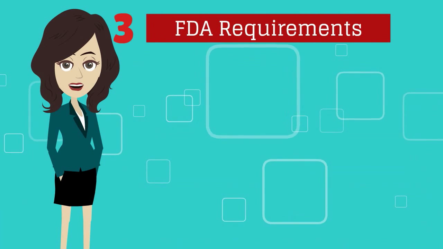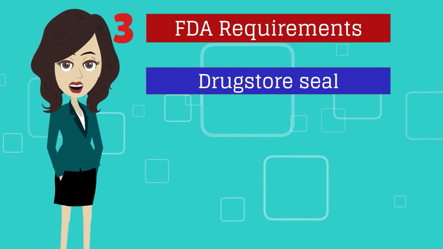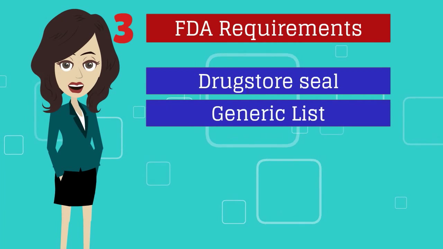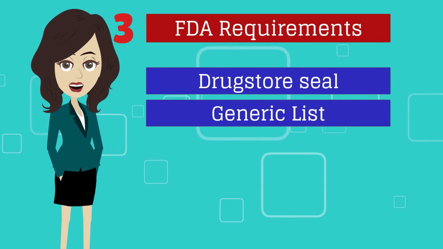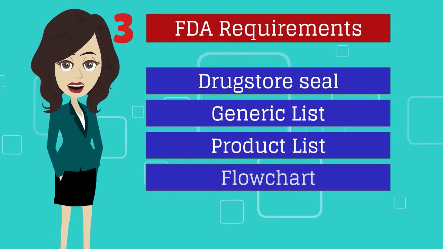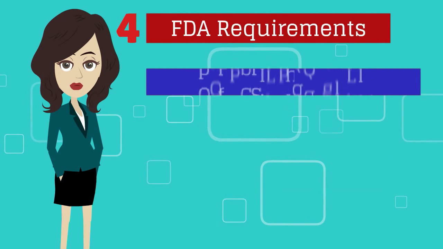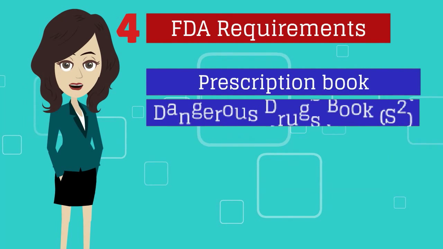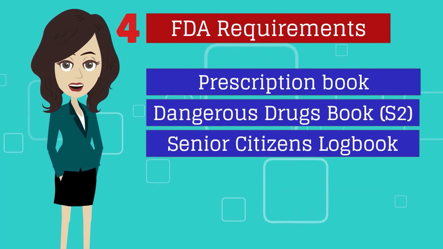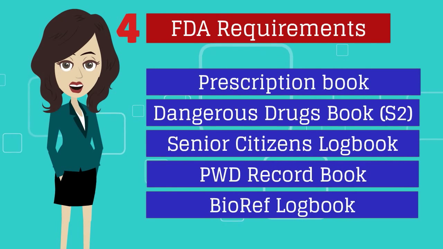Third, in the compliance to Generic Act of 1988 or RA 6675, FDA inspects the following: drugstore seal, generic list, product list, and flowchart. Fourth requirement is the record books. It includes the prescription book, dangerous drugs book or S2, senior citizens, PWD record book and BioRef logbook.